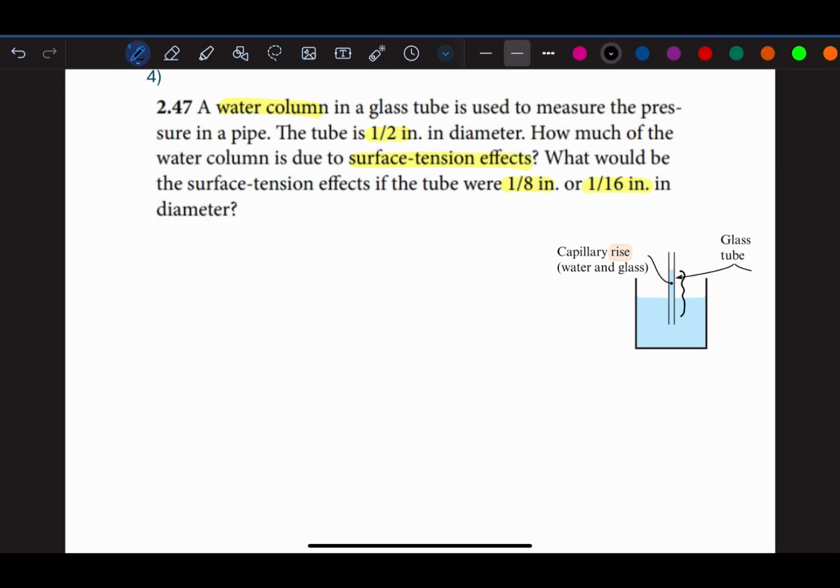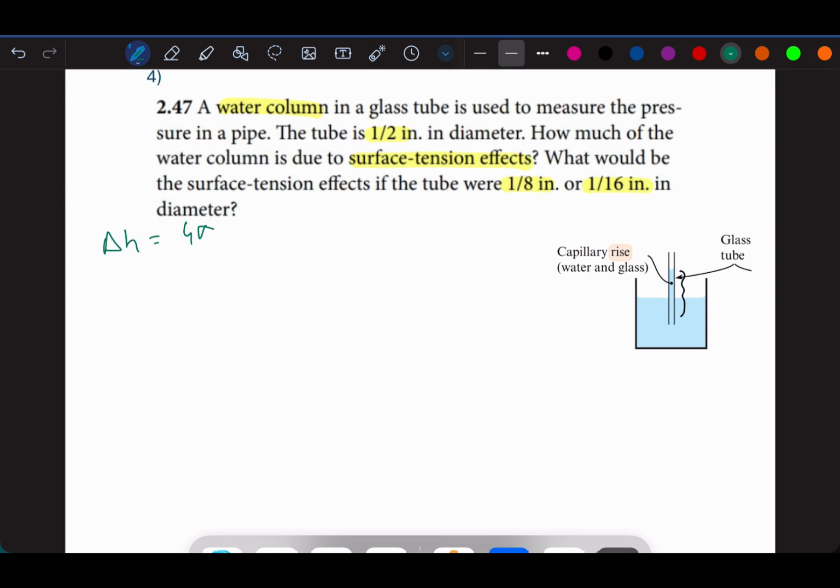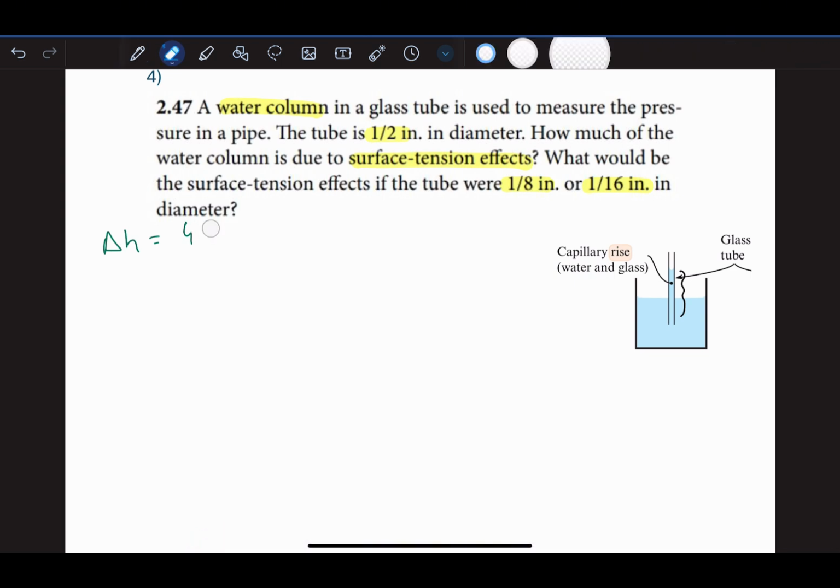To calculate the capillary rise, we can use this equation, delta H, which shows the rise in this tube, so that it will give the water column. We have 4 times the surface tension of water over gamma d.